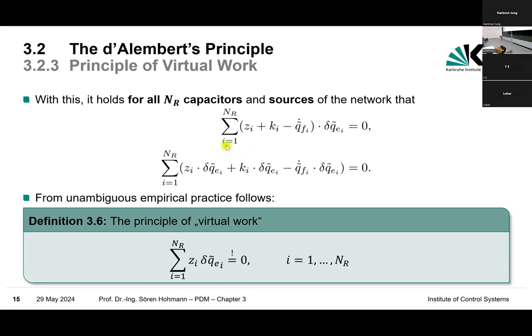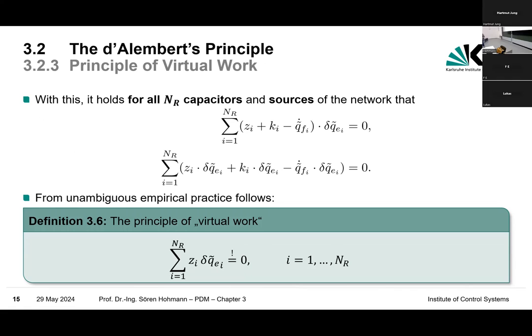So for all redundant coordinates, NR, i goes from 1 to NR, we have to do the very same. And then we can split the equation and collect all the parts which belong to driving flows and those which are interior flows, so in the network. The driving flows are due to the external source.